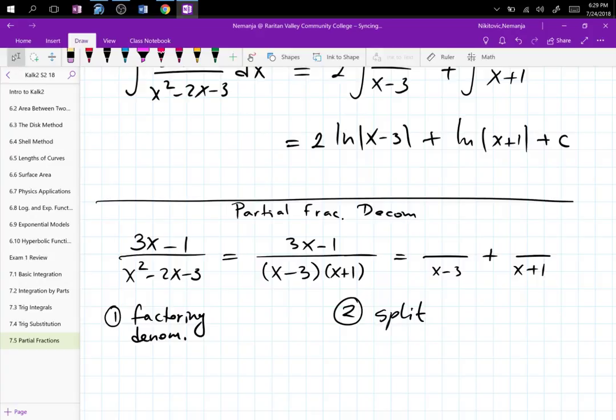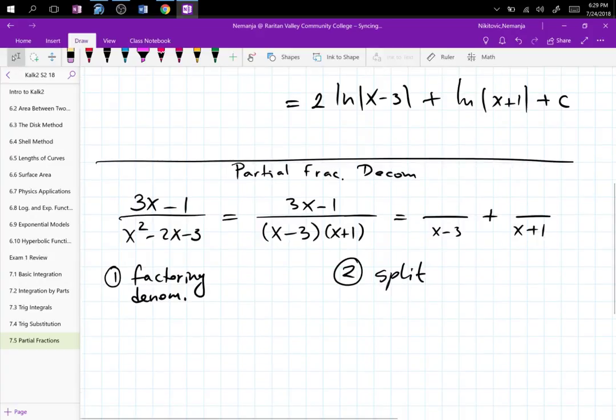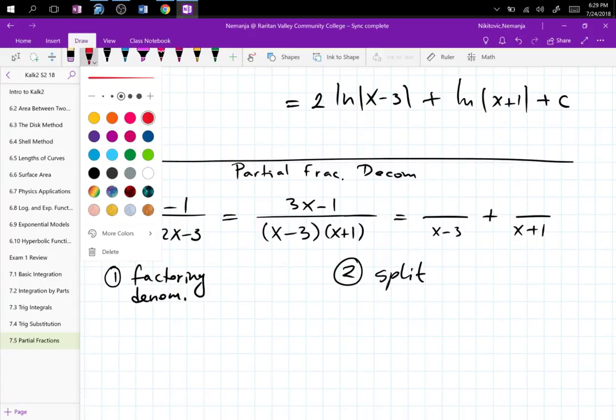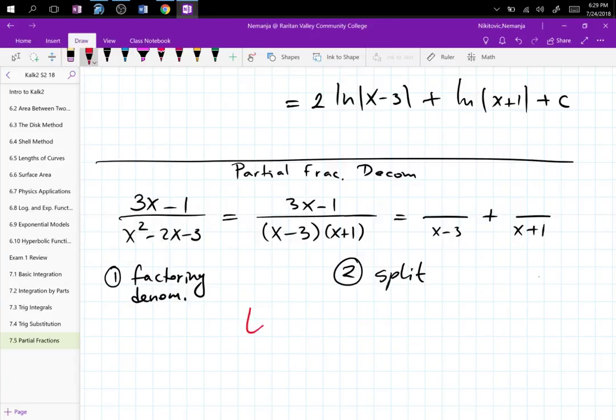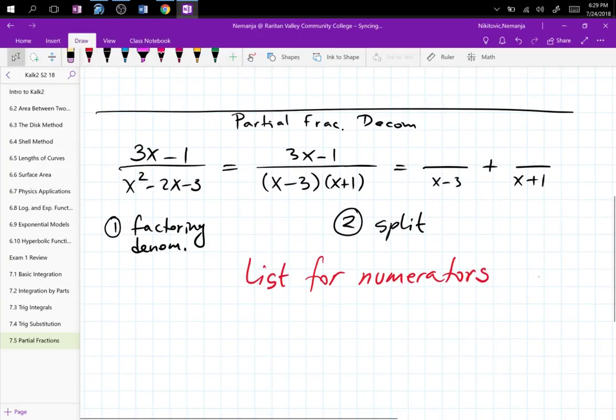And then here, in red, list 4 numerators. So this is actually what you have to memorize. There are 4 cases that you will have to consider.